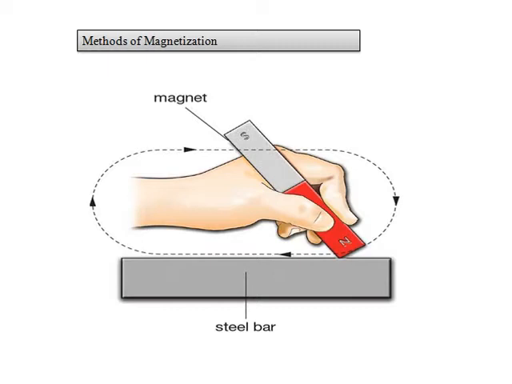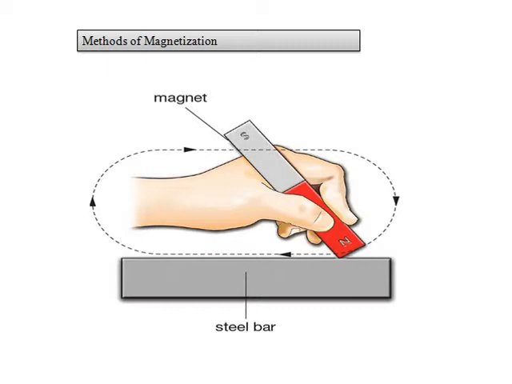You are not allowed to change the poles of the magnet while you are stroking the steel bar. You will place the steel bar and stroke it with the permanent magnet, using a single pole, either north or south, without changing the poles.